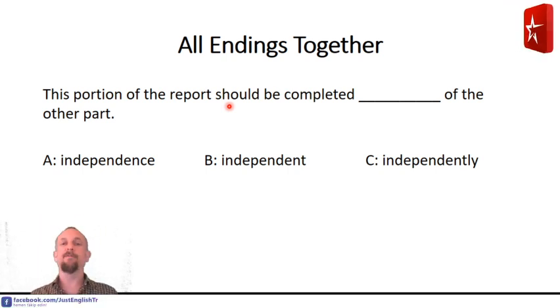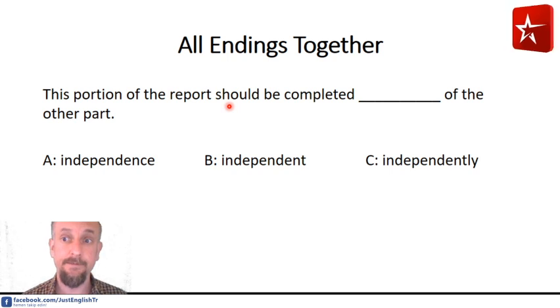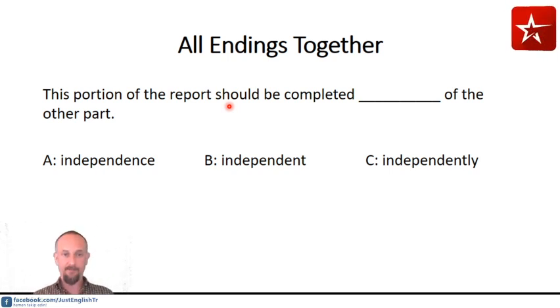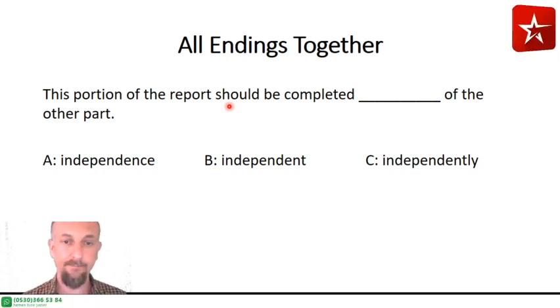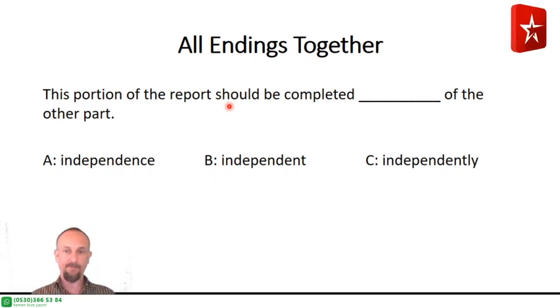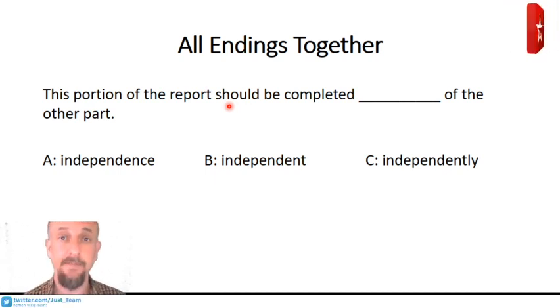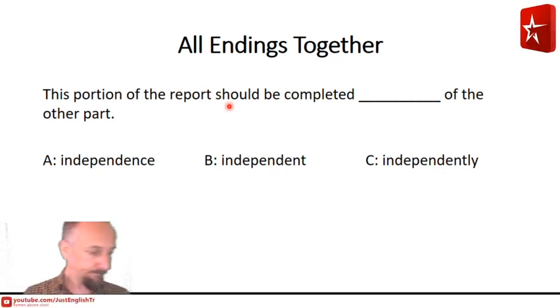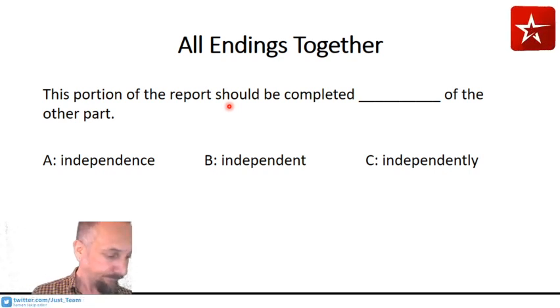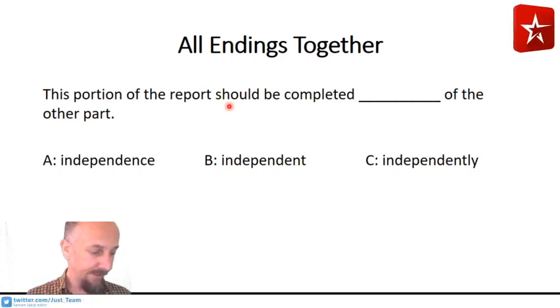This portion of the report should be completed ___ of the other part. A, independence, B, independent, or C, independently. What do you think? Okay, having a quick look at your chats.